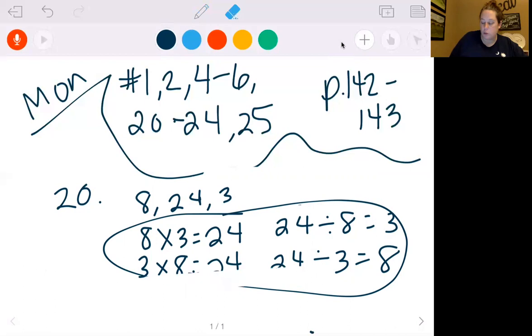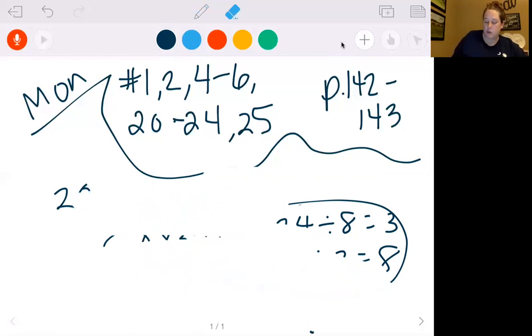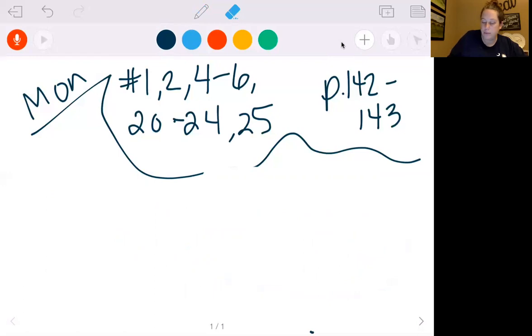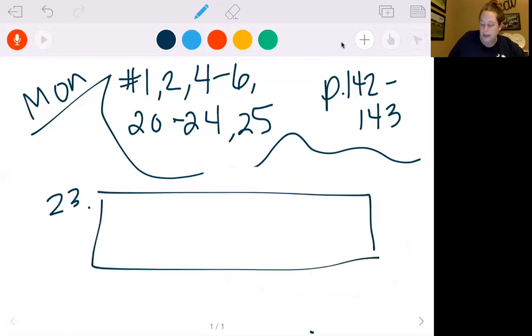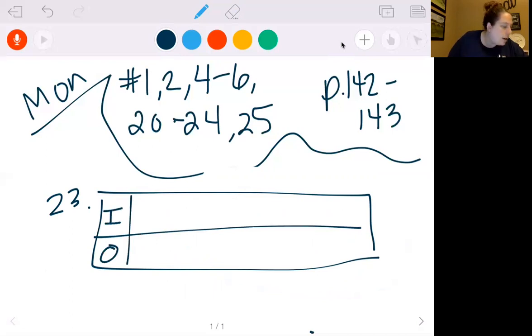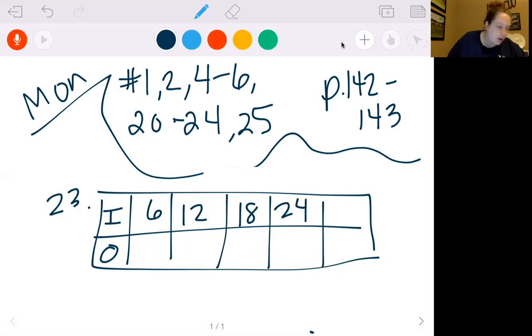And then let's look at 23 and 24. Let's do 23 together. 23 is an input-output table. So our input, output. Input gives us 6, 12, 18, 24, and 30.